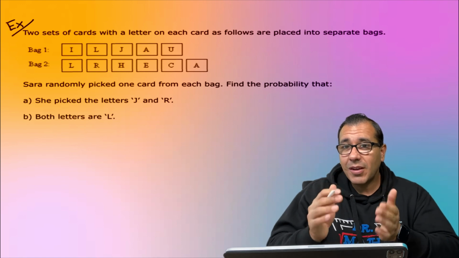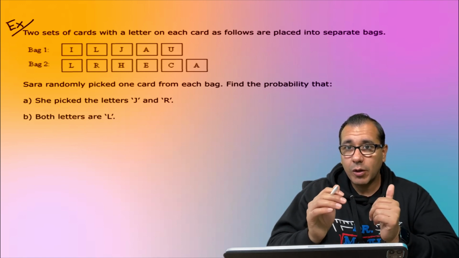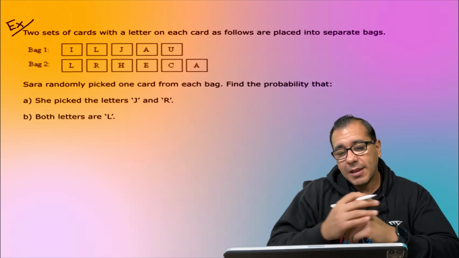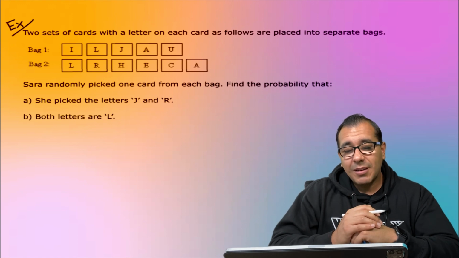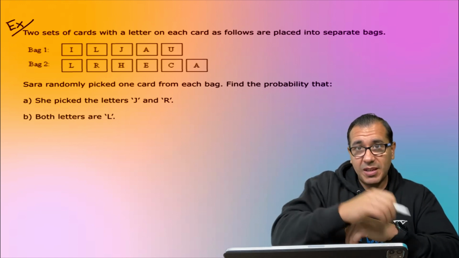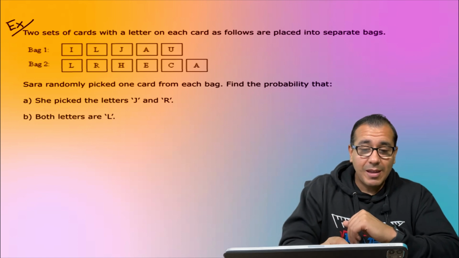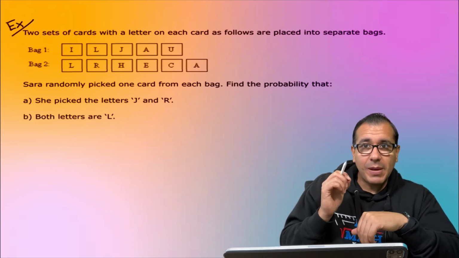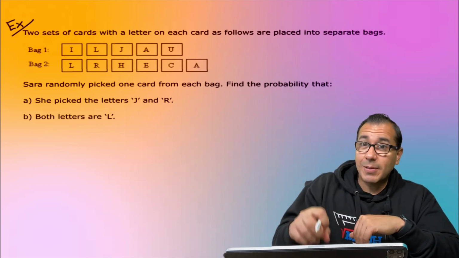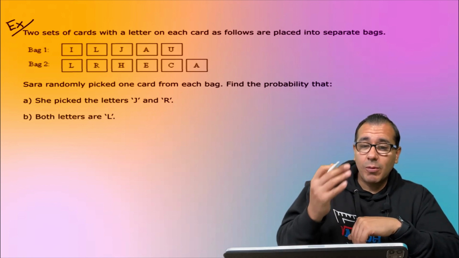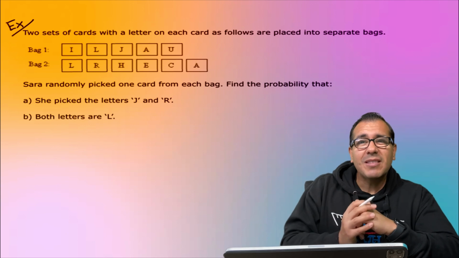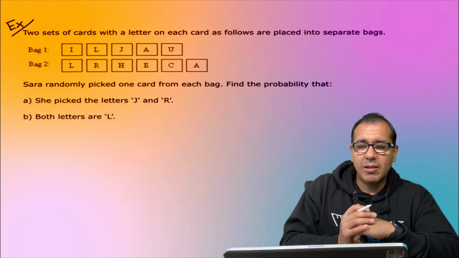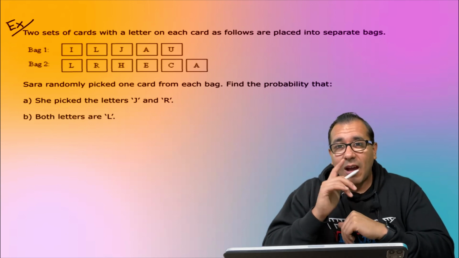So these events are independent of one another. And then part B is saying both letters that she chooses from separate bags are the same. Again, whatever she picks from the first bag is not going to impact her chances from the second bag. So again, what we want you to do is comment down below and leave your answer as a fraction, just so we can see how well you did.